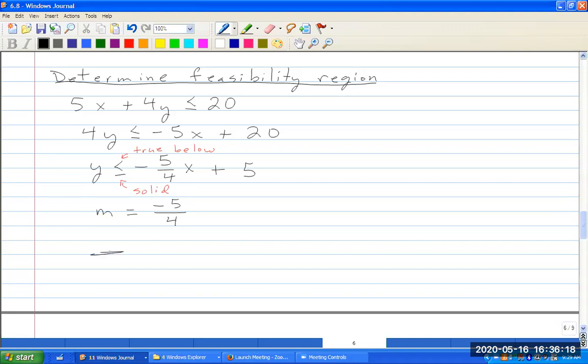So the y-intercept here is 5. Okay. Next, we have here y is less than or equal to 5.